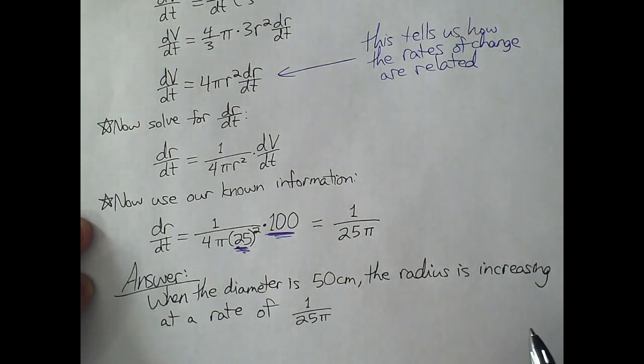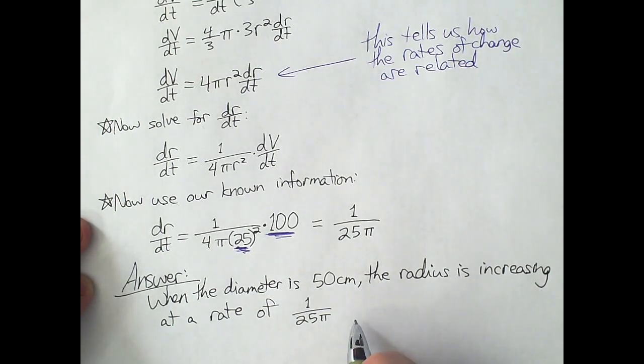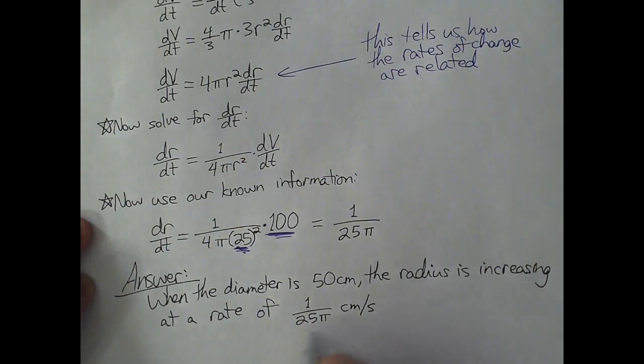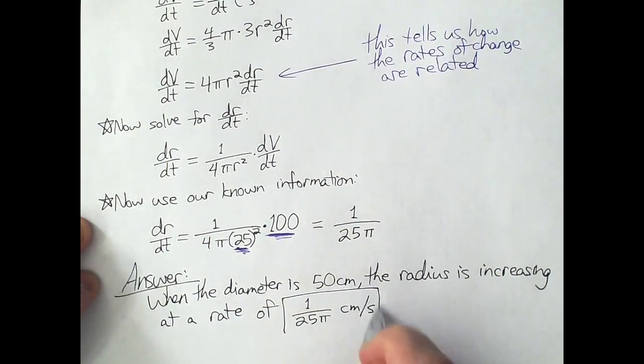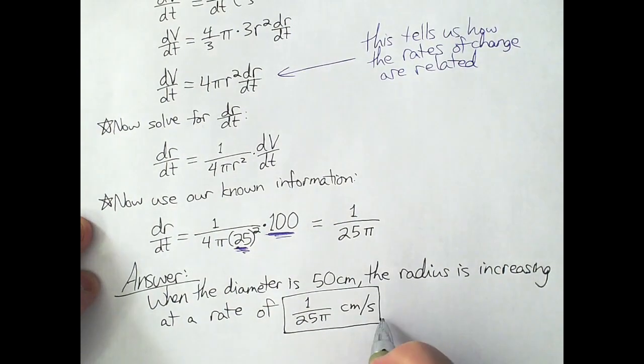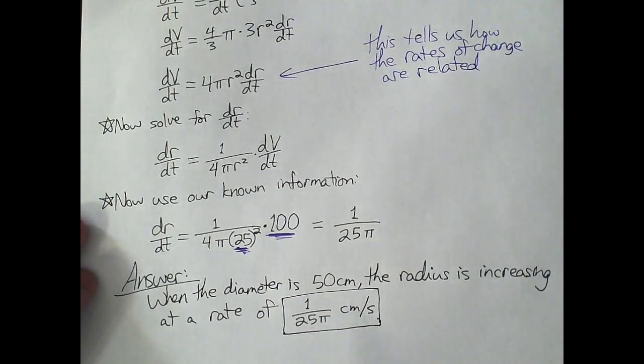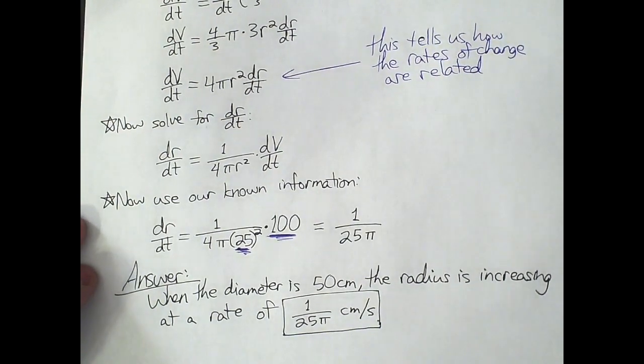What kind of units should we say? Centimeters? How about centimeters per second? Because radius is measured in centimeters, but how fast is the radius changing? Centimeters per second.